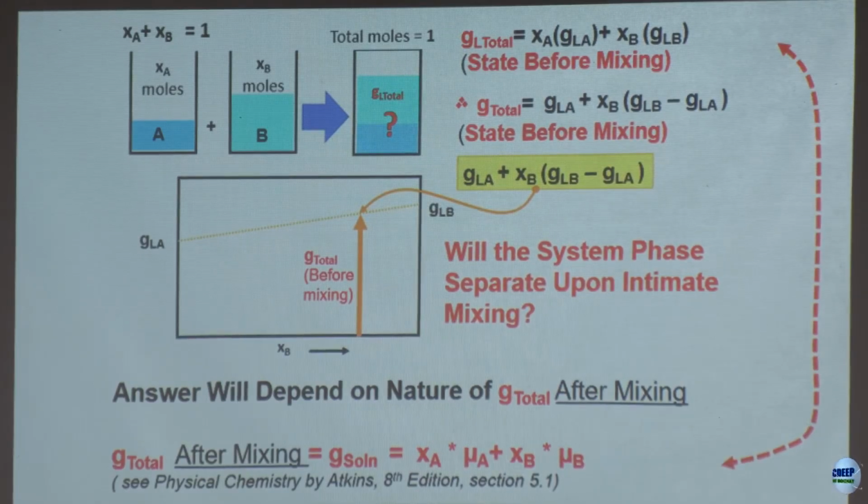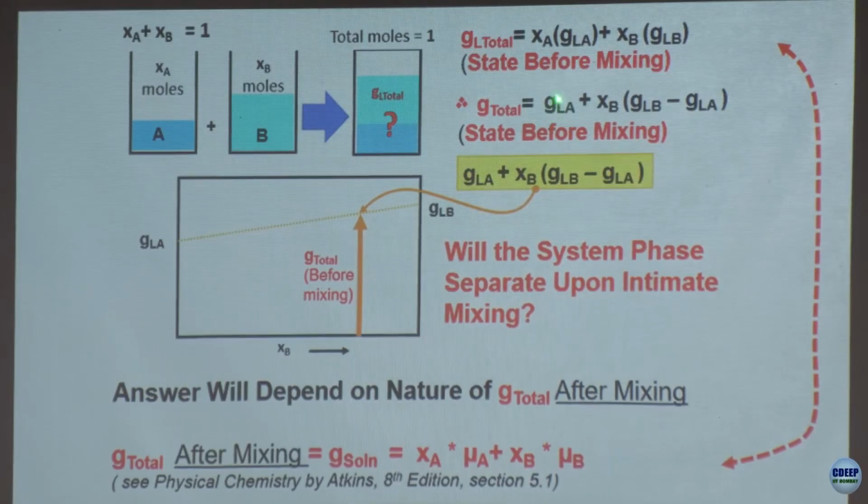It is going to be equal to XA into the molar Gibbs free energy of A in the liquid state plus XB multiplied by the molar Gibbs free energy of the component B in the liquid state. So this is the state before mixing. They are just poured one above the other.